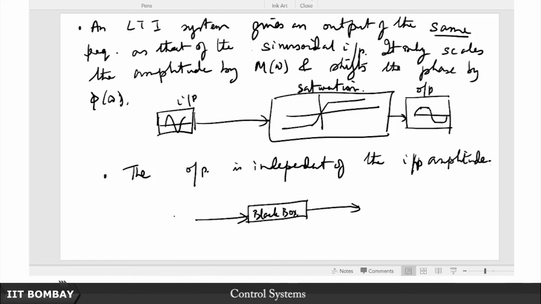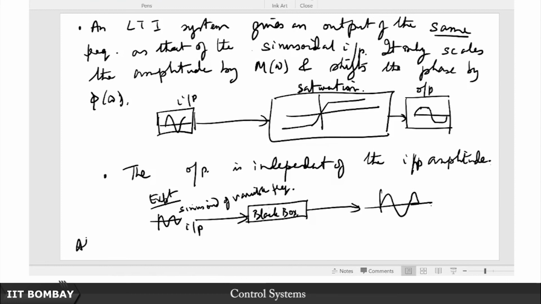But the idea is that if you want to run an experiment such as this, here you have at the input some sinusoid, and let us say you can vary the frequency of the sinusoid, okay. So you apply sinusoids of varying frequency at the input and you observe the output, okay.